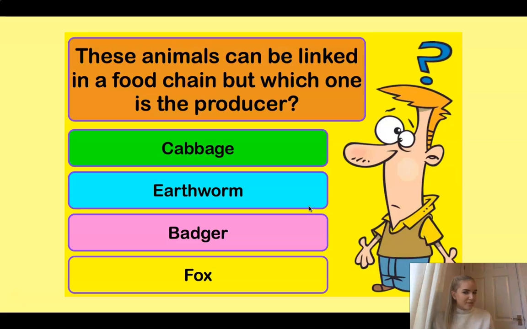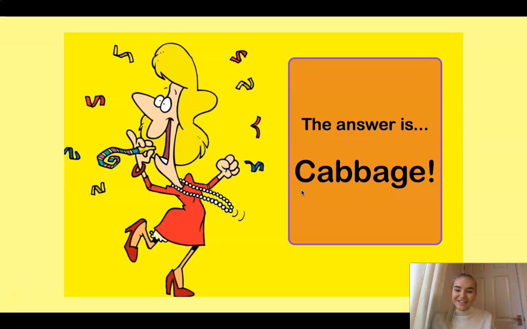Do you remember the process that the producer takes to convert this sunlight into energy? That's right, it's photosynthesis. So, which of these is going to be the producer? Is it a cabbage, earthworm, badger, or fox? Tell me your answers to the screen in 3, 2, 1. Cabbage! Well done!